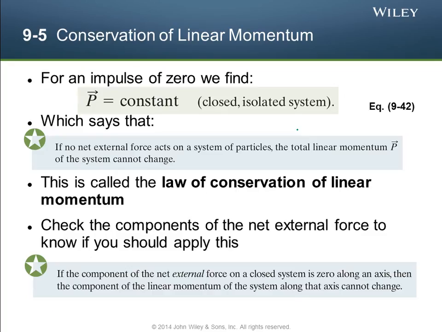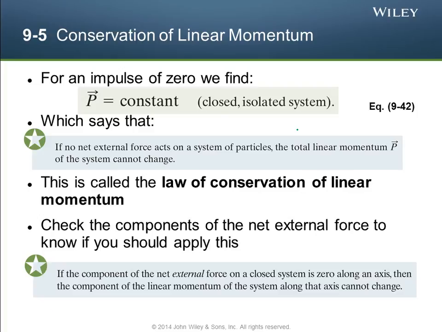Now we know linear momentum is going to be conserved as long as there's no net external force acting on the system, and so we call this the law of conservation of linear momentum. Keep in mind this is linear momentum, not rotational momentum. Rotational or angular momentum will also be conserved, but that's separate.